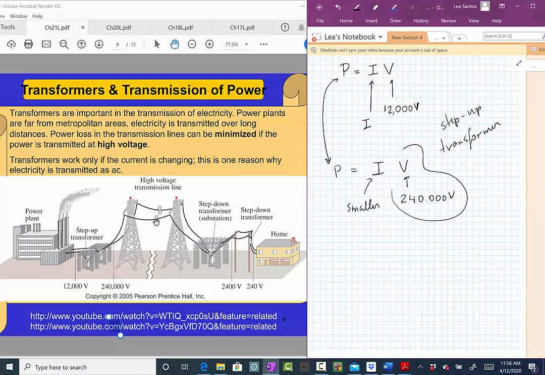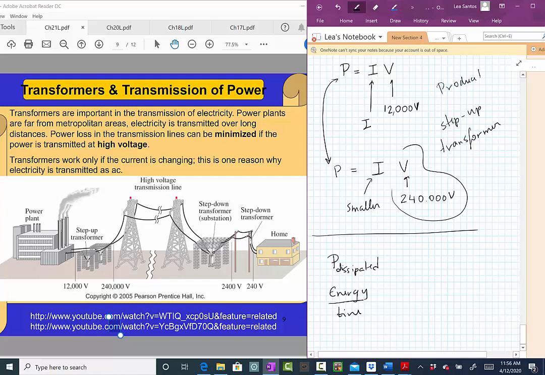And the loss, so the power dissipated, the amount of energy being lost per time, not the one that was produced. The one that was produced is this part here that is produced at the plant. What I'm talking about now, this dissipated power, is a little bit of the energy lost as we travel these big distances.